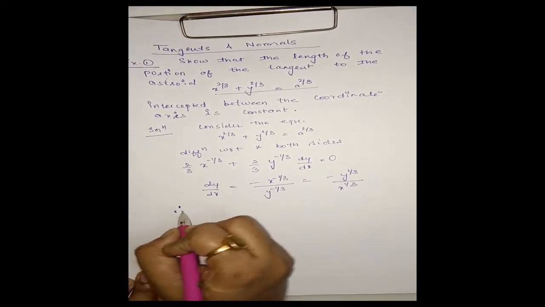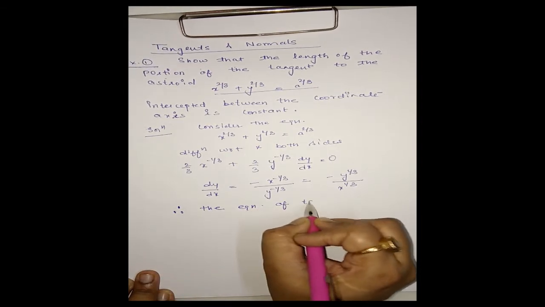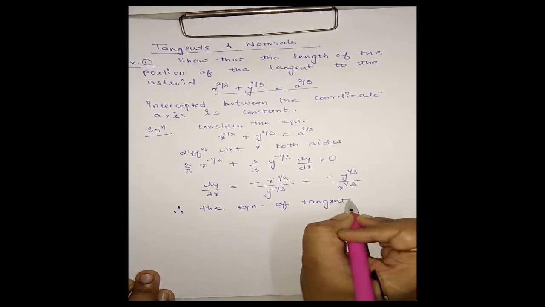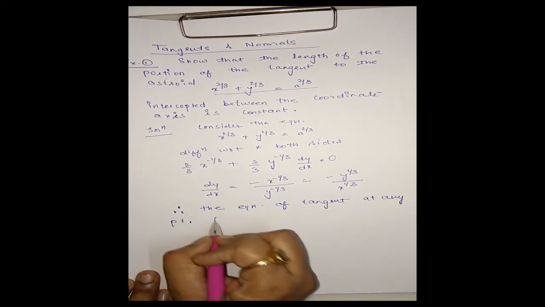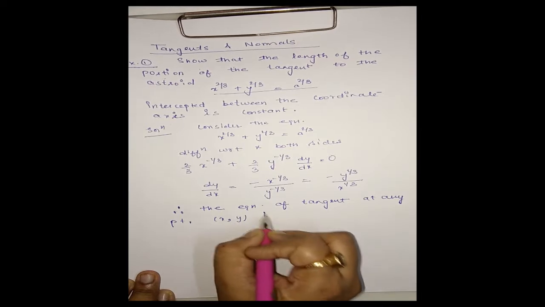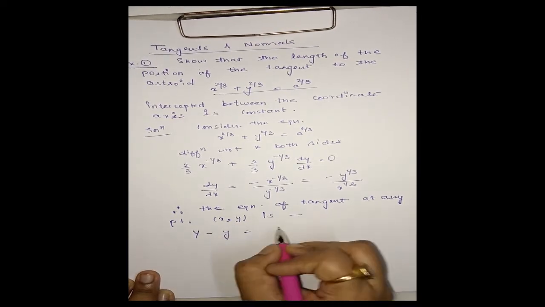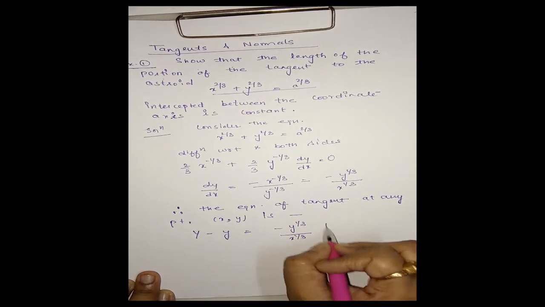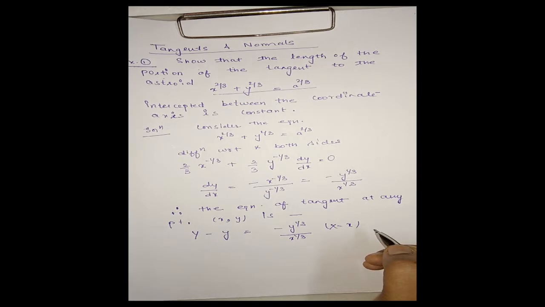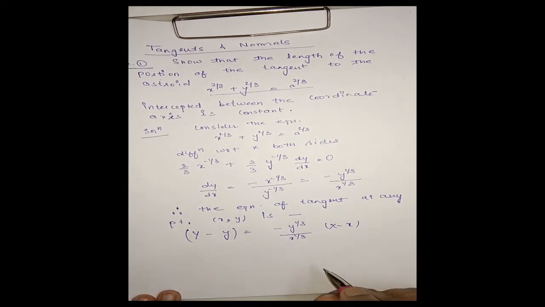Therefore the equation of tangent at any point (x, y) is given by Y - y = (dy/dx)(X - x). This is my equation of tangent.